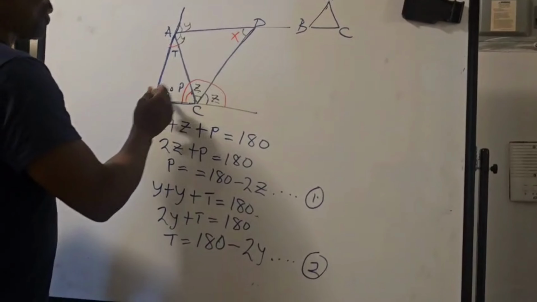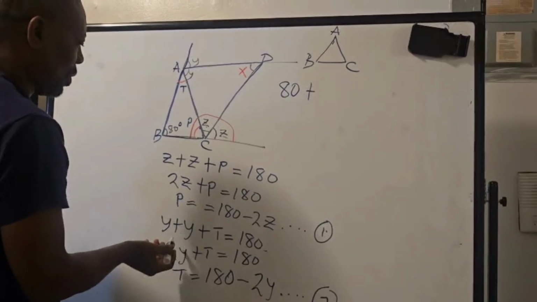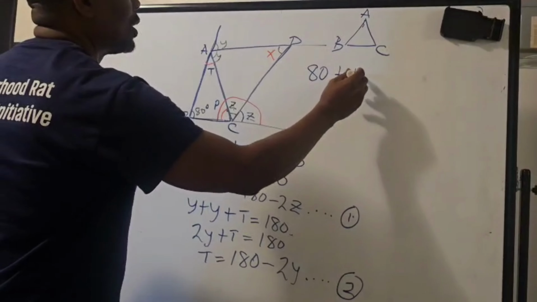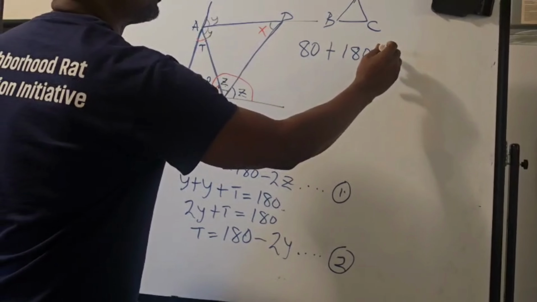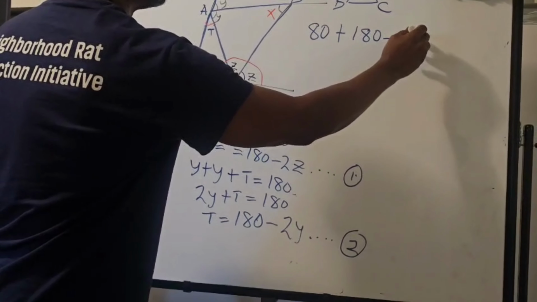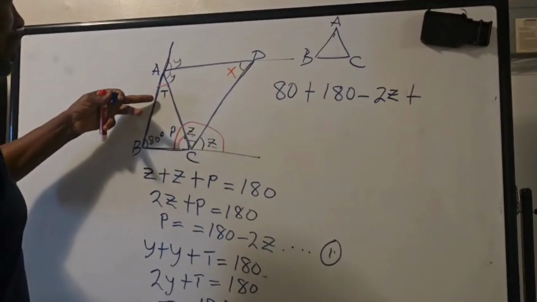So you are going to add 80 plus P. What did we get as P? 180 minus 2Z. Plus, what did you get as T?